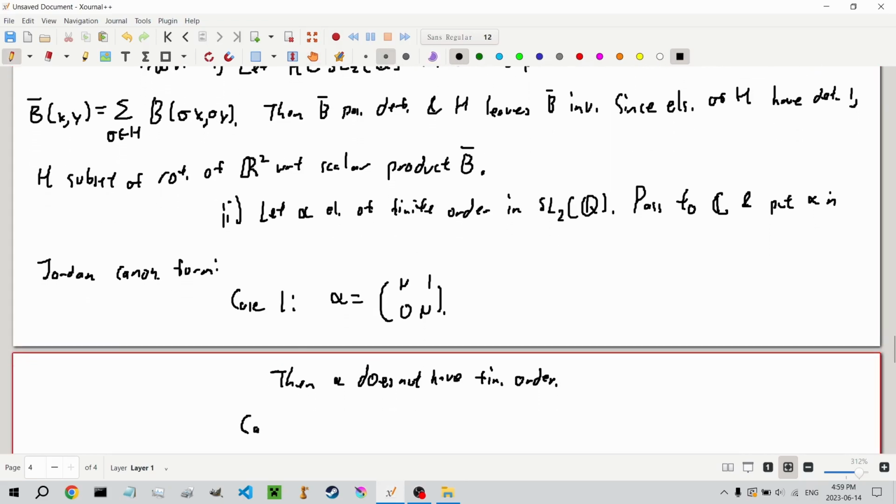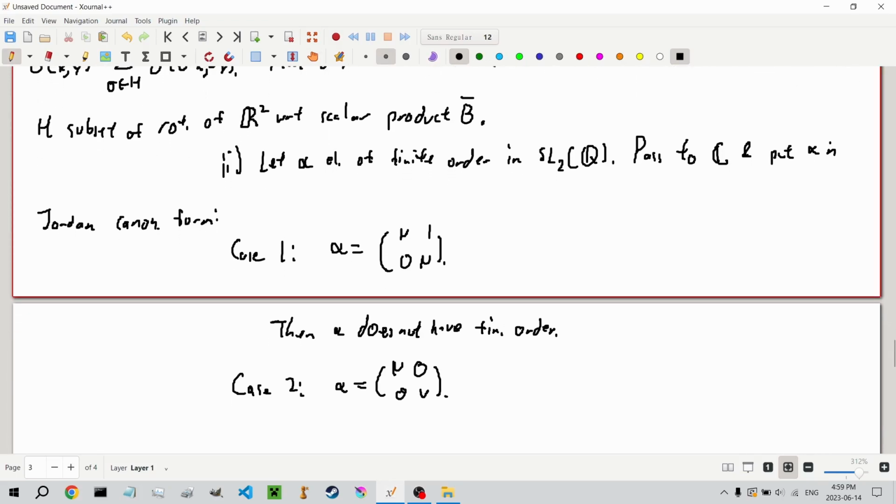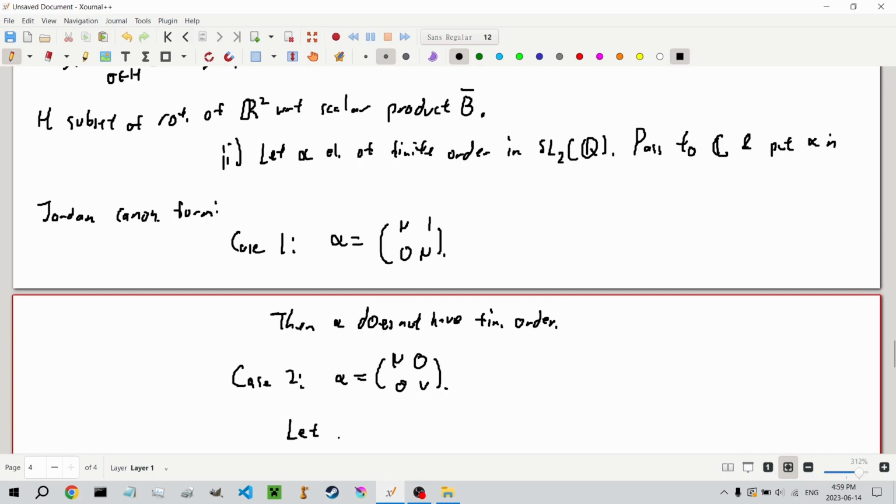Case 2, which is the only other case and so must be true, is that alpha has the form of some mu 0 0 some nu.